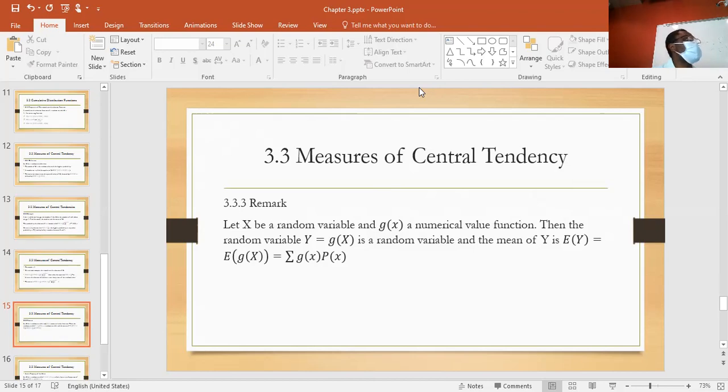So now, if we have a random variable x, we can do what we know in mathematics as composition of functions. We can apply another function g on x, if it's a numerical value function, and then define another random variable y. If g is a numerical value function, that is, the values are numbers and the domain is a subset of real numbers, then y equals g of x is another random variable.